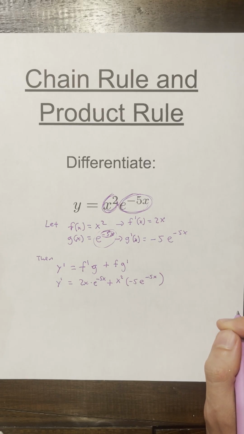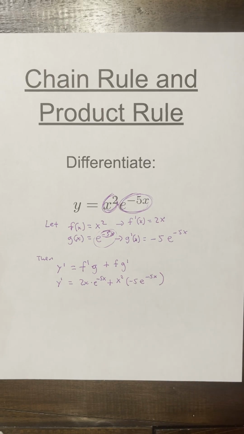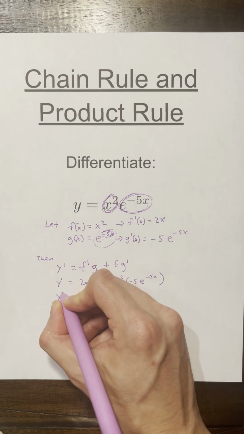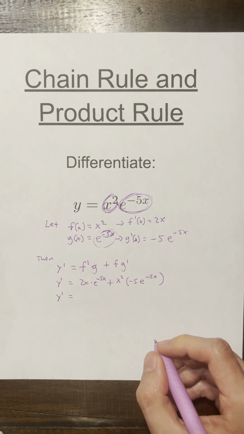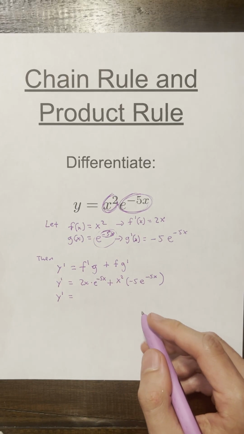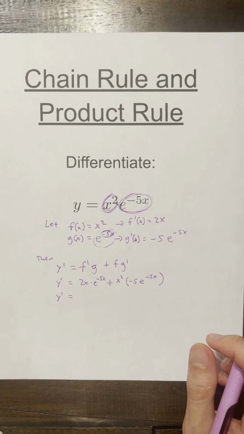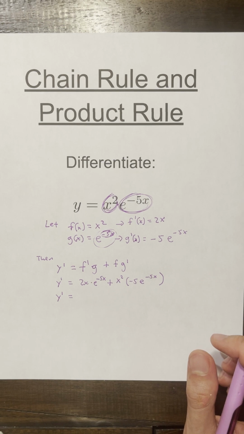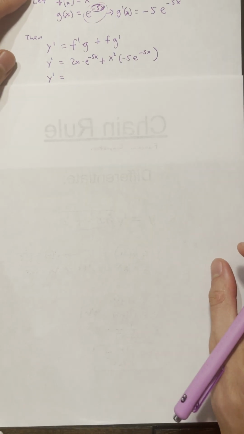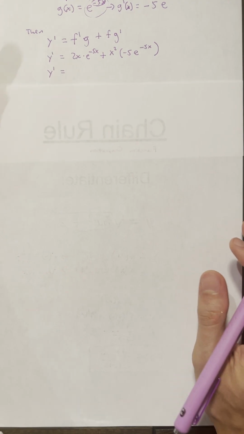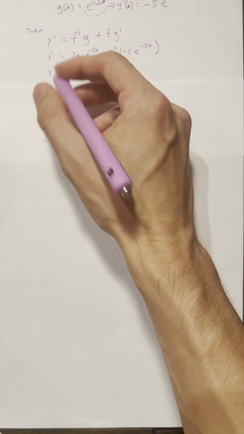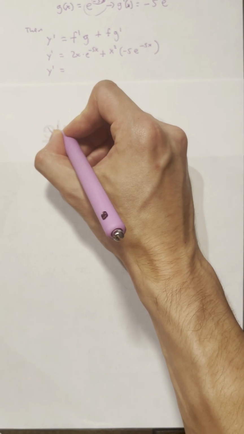All right. Can we simplify this expression a little bit? We can. So y prime equals, all right, I'm going to do this on another sheet. All right, so from here we got y prime.